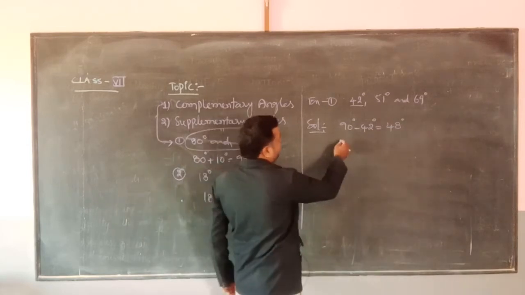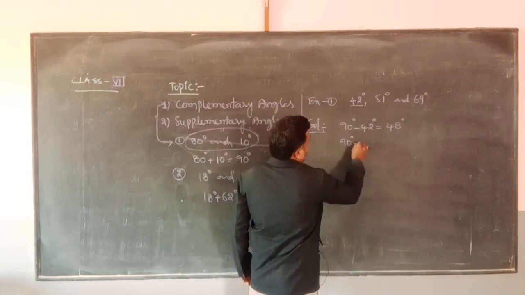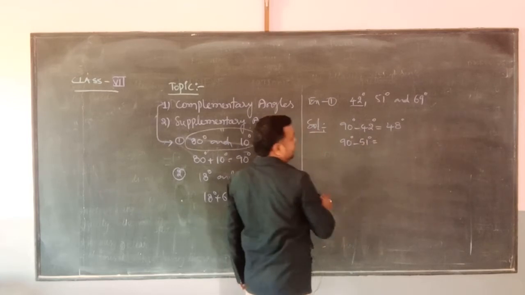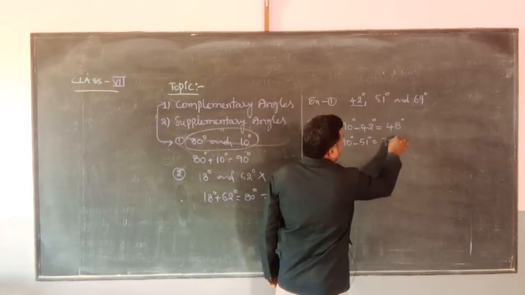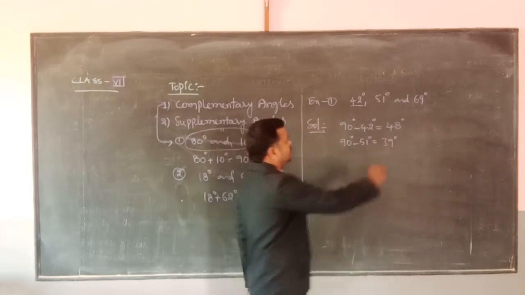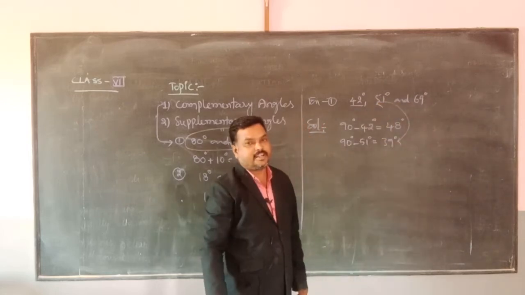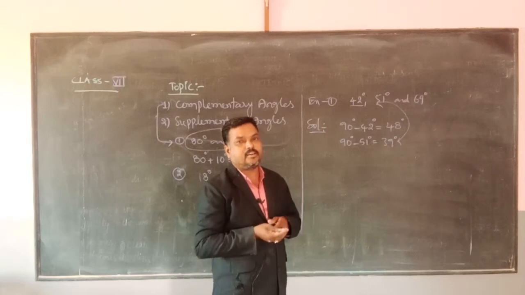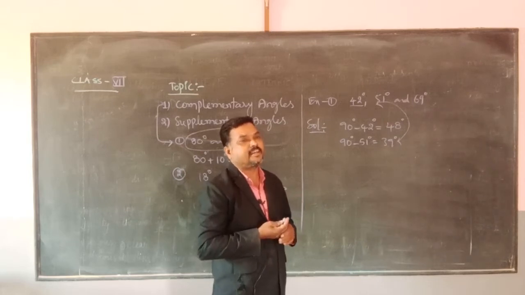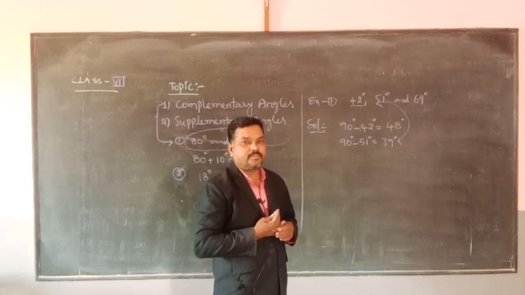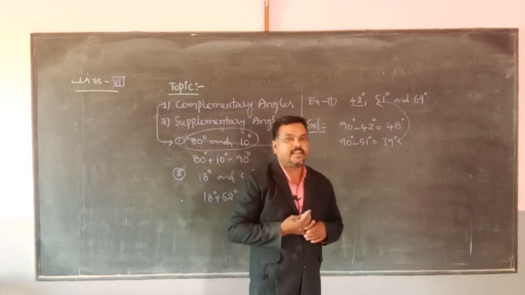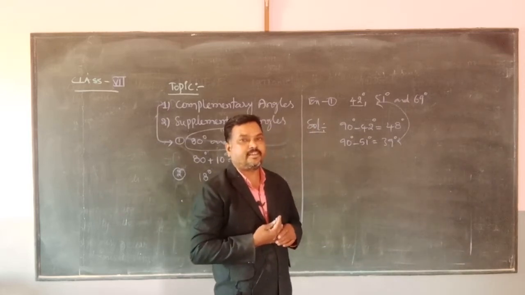Same way, 51 degrees: 90 degrees minus 51 degrees is equal to 39 degrees. So 39 degrees is the complementary angle of 51 degrees. To find the complementary angle of a given angle, we just subtract it from 90 degrees.